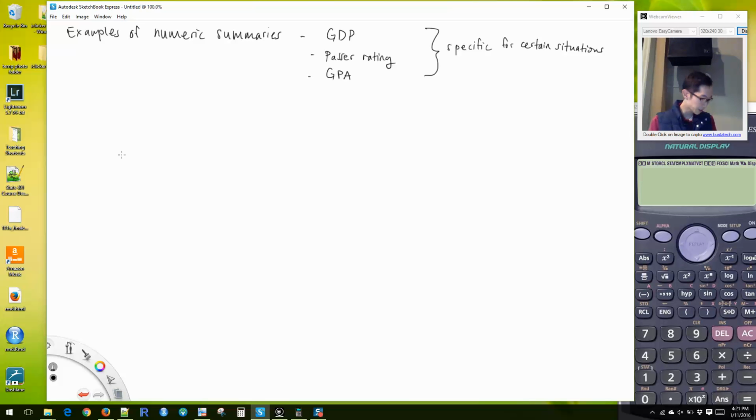And so we have summaries to measure center. This is the mean and the median. These are ways we can measure the idea of center in a set of data. And we have summaries to measure spread.